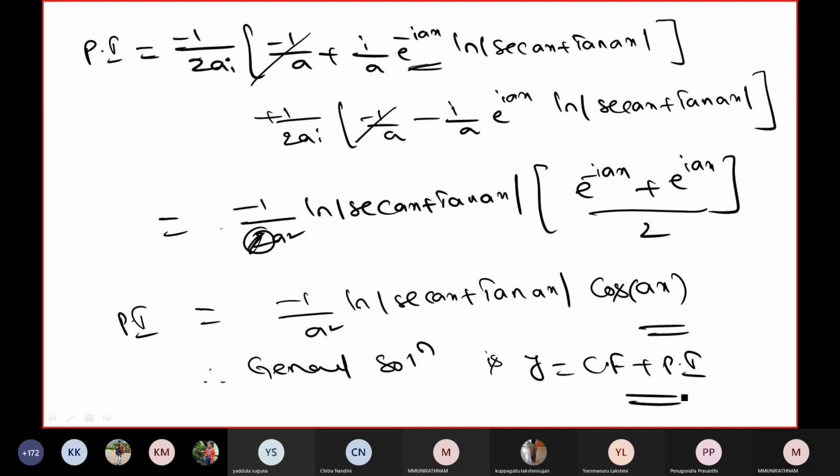The general solution is y equal to cf plus pi. Understood? Any doubts please? Any doubts? Those who have finished, write the next problem.